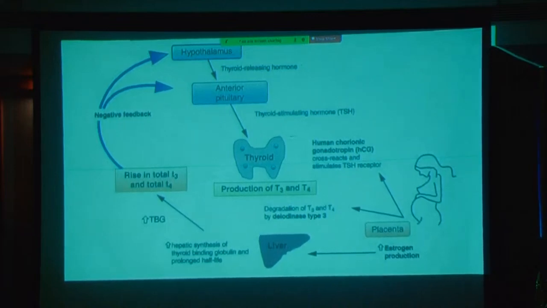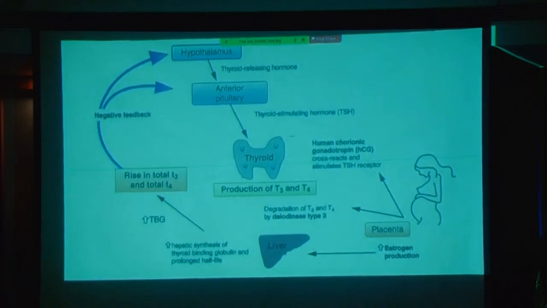When HCG is more, it stimulates the thyroid gland to produce more T3 and T4 into the circulation. When there is more T3 and T4 in the circulation, what we mentioned earlier, there is a negative feedback. You will get a low TSH. That is why in pregnancy you get a low TSH, and why you want to put the target lower down, because when the HCG is more, the TSH will be less.